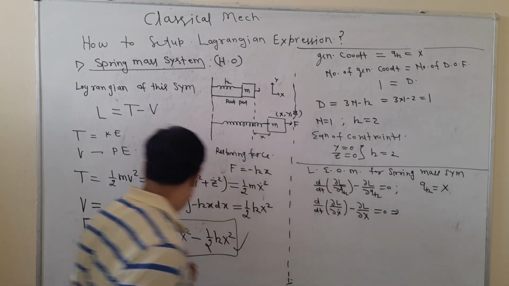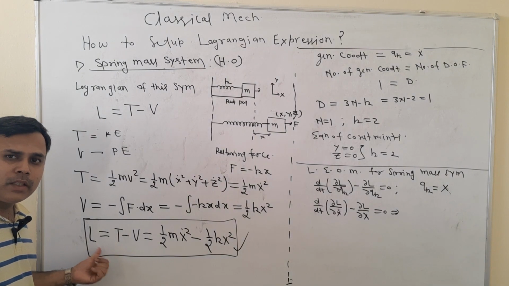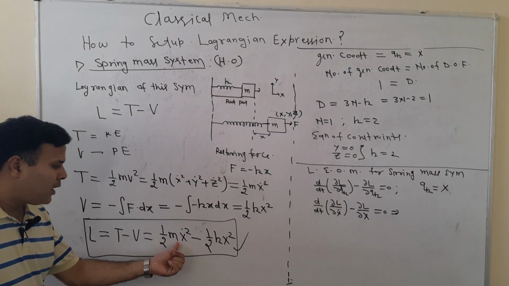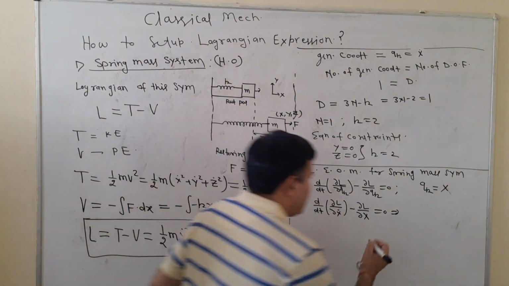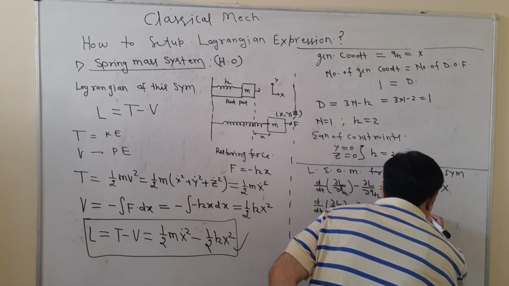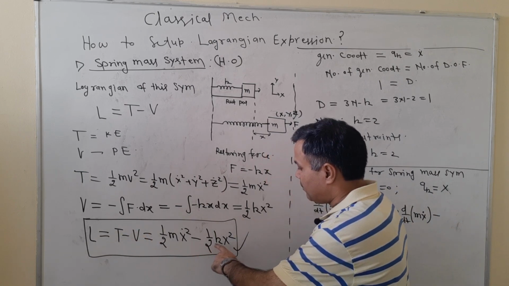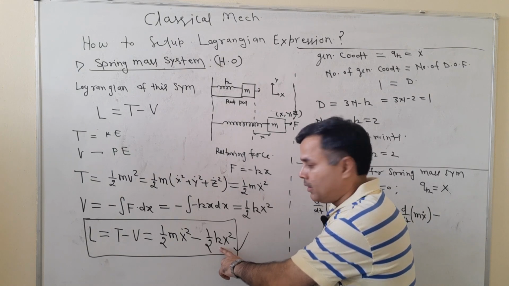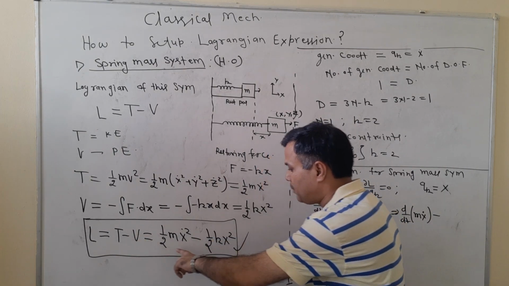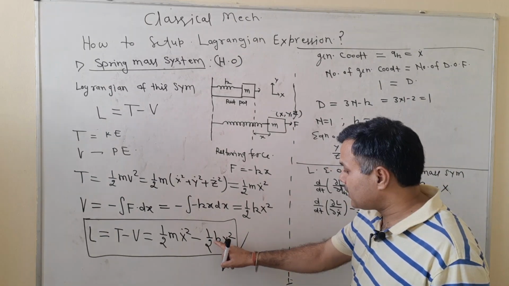This implies, what is del L by del x dot? Differentiating this L partially with respect to x dot, we have m x dot. And what is del L upon del x? Minus kx. Differentiating this L partially with respect to x, we have only one x, which is minus half k x square.